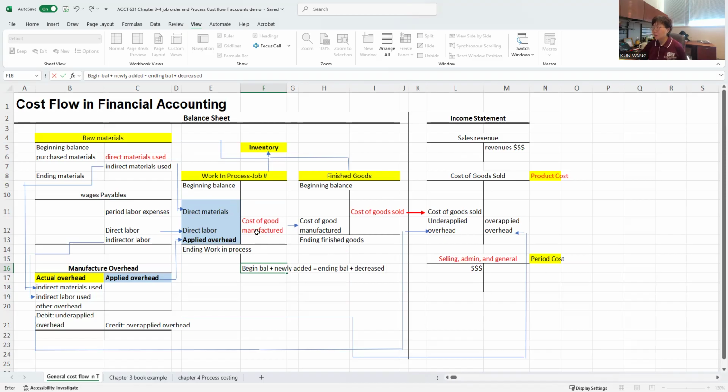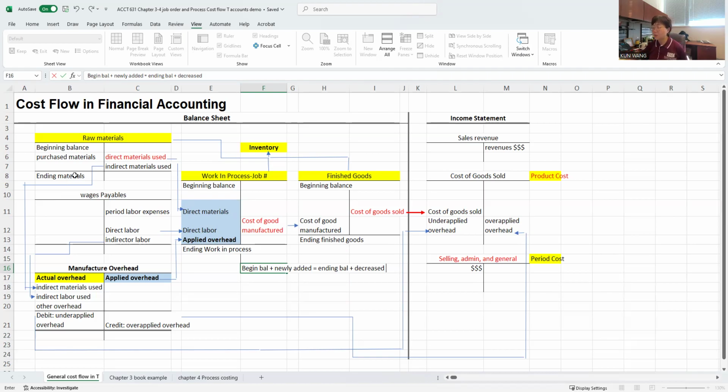Under the cost of goods manufactured, you may have a mini module about the direct material used, because this one should be the beginning balance plus the new purchased material, then minus the ending material. Okay, that will definitely give us an application.